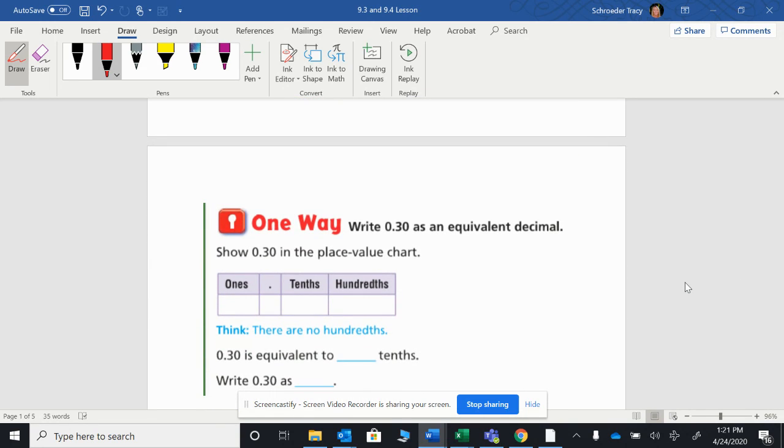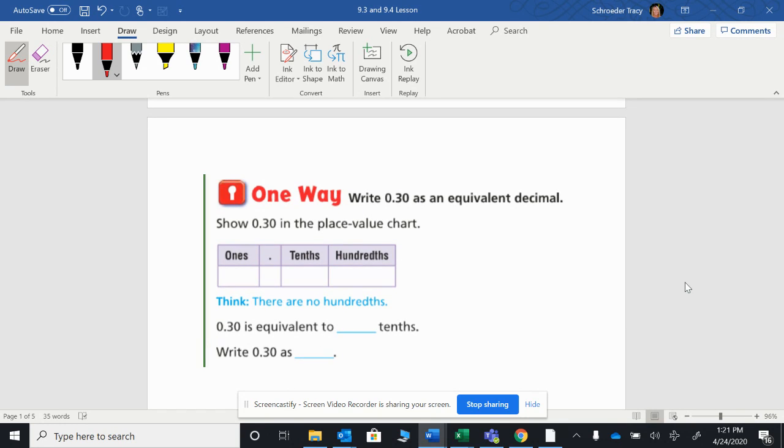If I look at 30/100ths as an equivalent decimal, I'm going to show 30/100ths in a place value chart. It looks like this. 30/100ths is equivalent to 3/10.